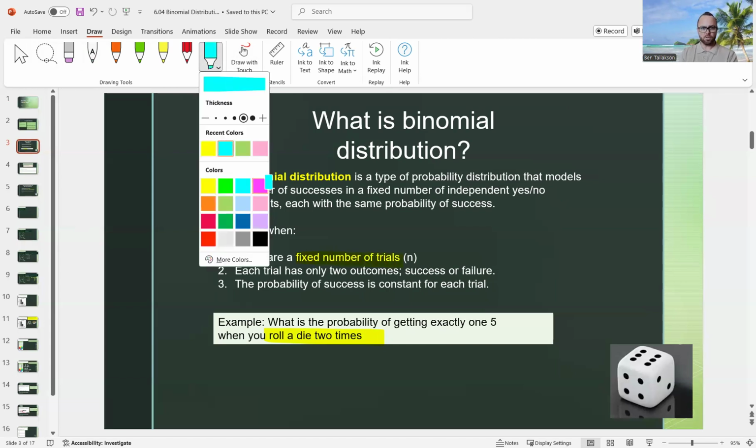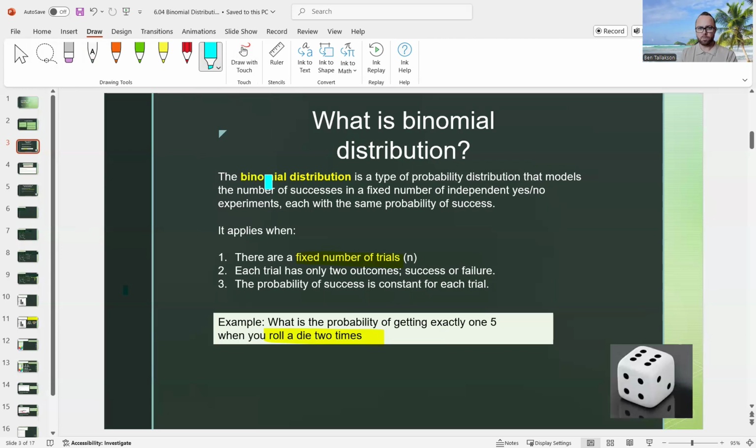They also told us they want to know the probability of getting exactly one 5. That is what they want. So the success is rolling a 5, where a failure is everything else. There are no other possible outcomes. And finally, the probability of success is constant for each trial.